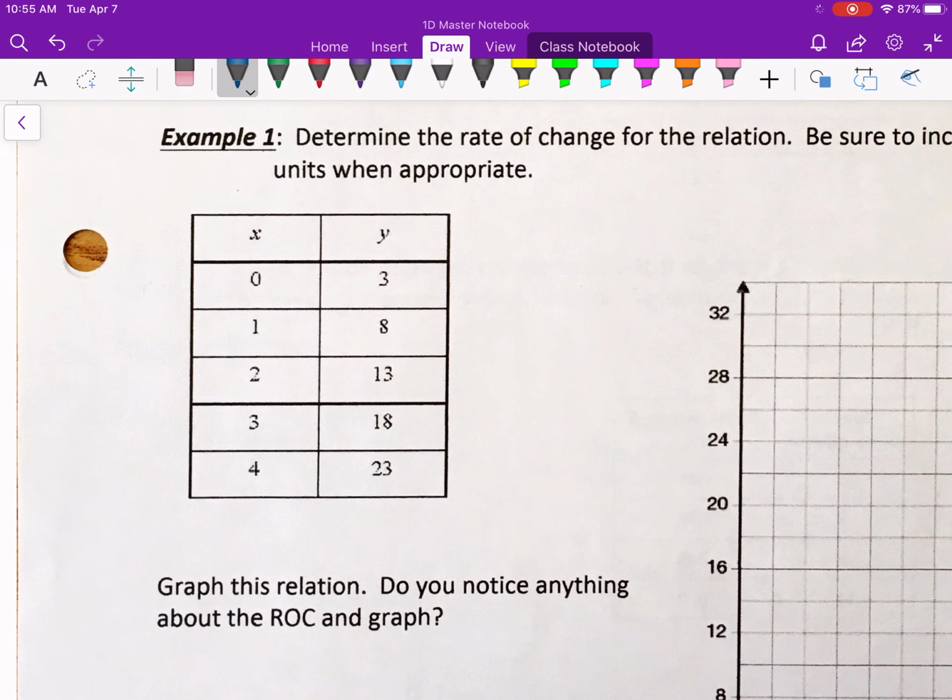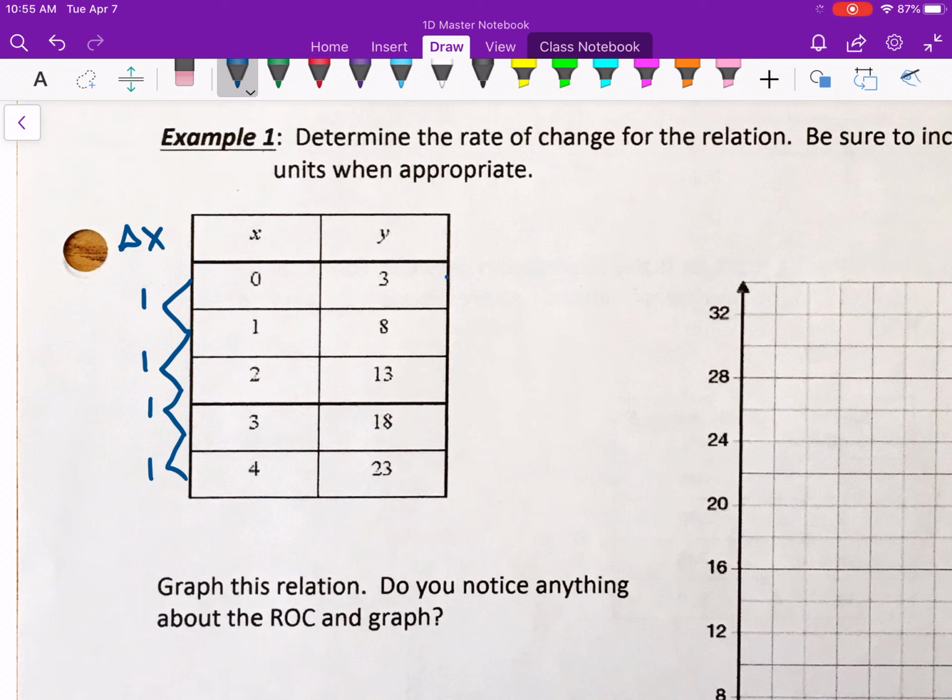If we see what they're going up by, the x's are going up by 1. From 0 to 1 it's up by 1. From 1 to 2 it's up by 1. Each one of these is going up by 1. That's our delta x. That's our change in x.